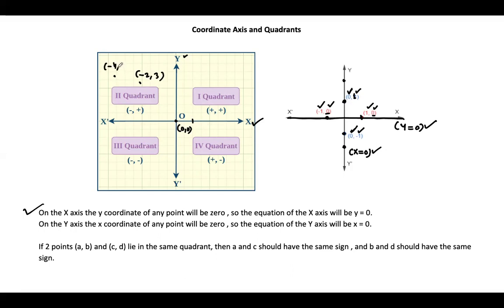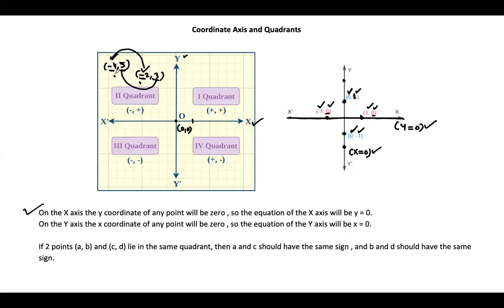So -4, 1 will lie here. Let me say -4, 5, so that it's appropriate with this point. So this is -2, 3. This is -4, 5. Let's take the x coordinate. Both have x coordinate as negative. Both have y coordinate as positive.